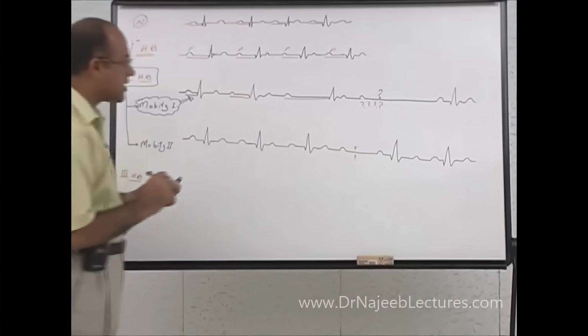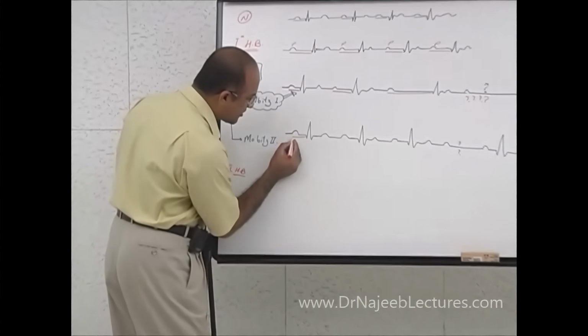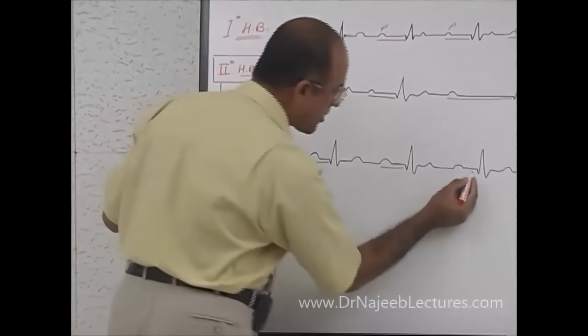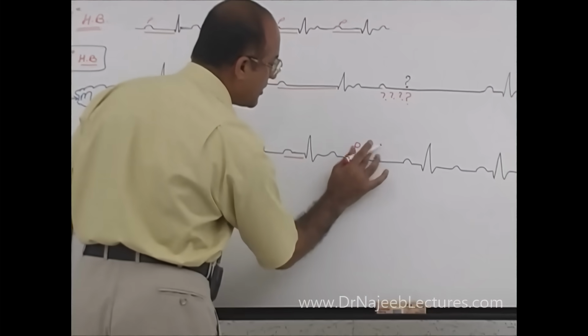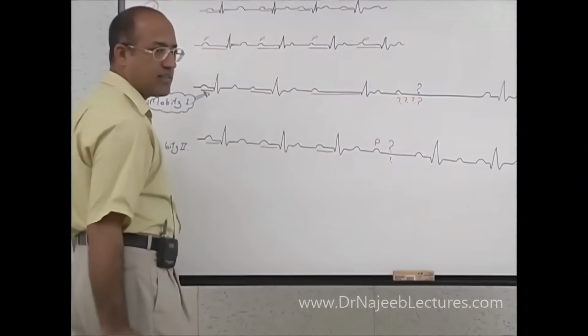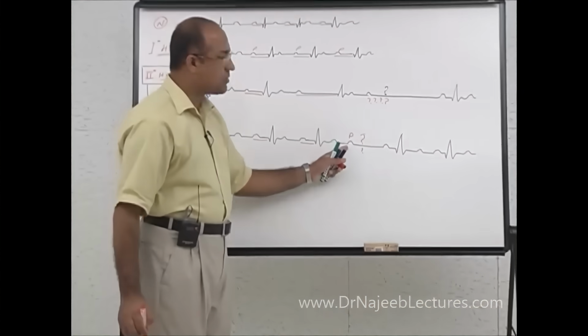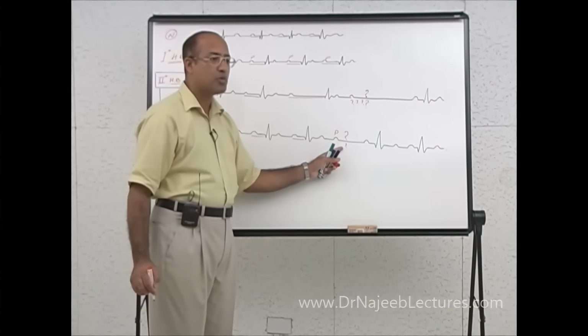In this second pattern, you see that the PR interval is stable, but somewhere a P wave is not followed by QRS, and that defines it as type 2 heart block.